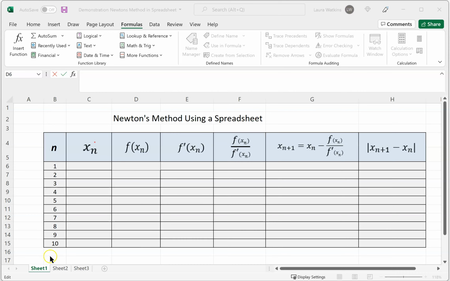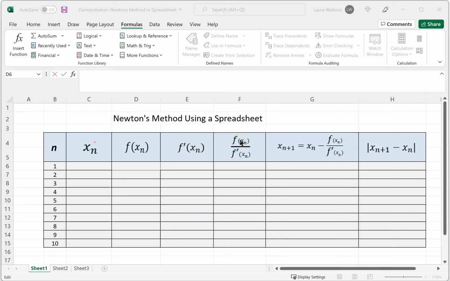In the first column where we have n, that's going to keep track of the number of iterations that we have completed. Xn is the approximation to the real value that we're looking for. We'll need the function value at this point. We'll need the derivative of the function at xn.